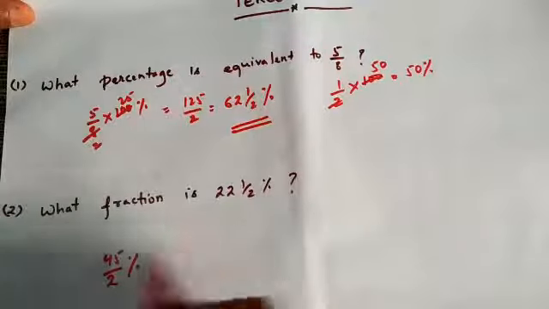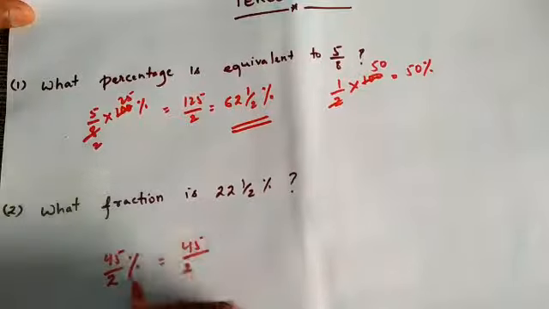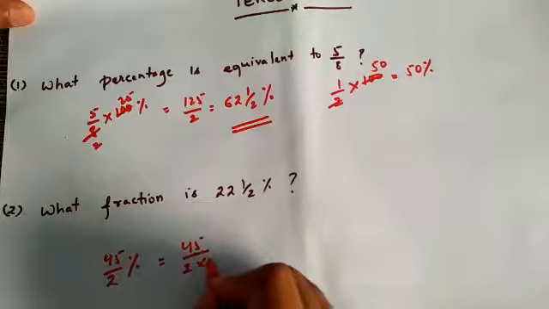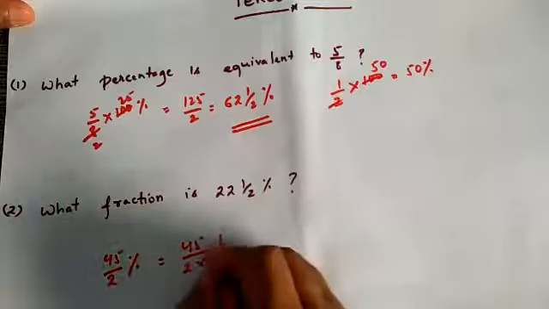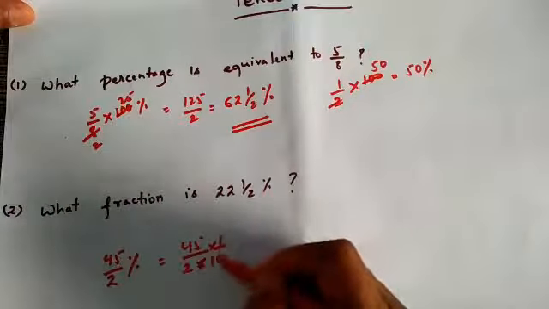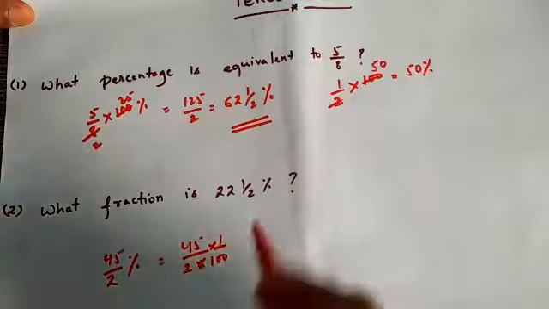Now how to convert a percentage? Always when the percentage is converted, one has to divide it with 100, or multiply by 1 by 100. So after doing this, let's calculate.